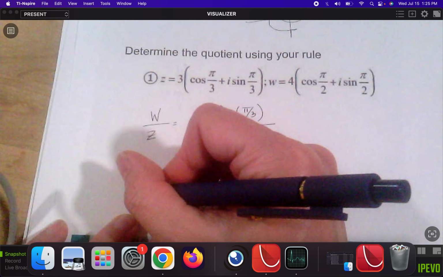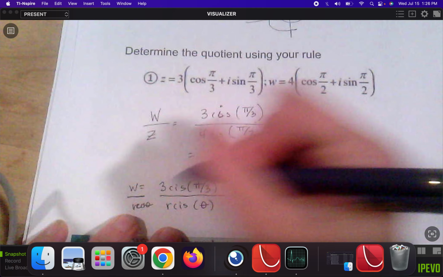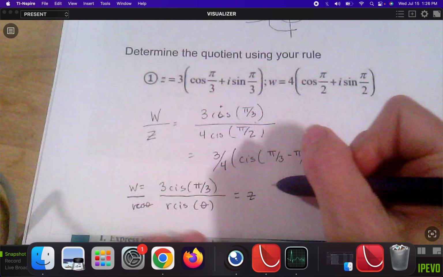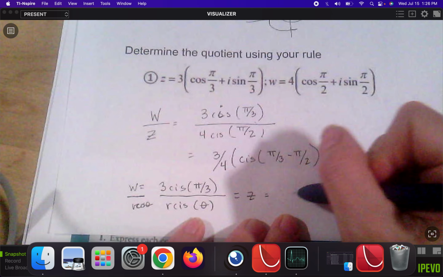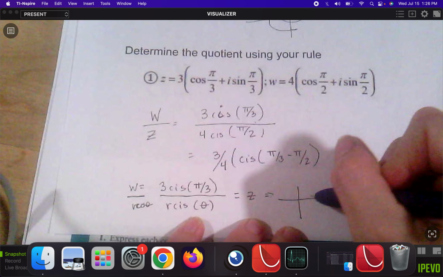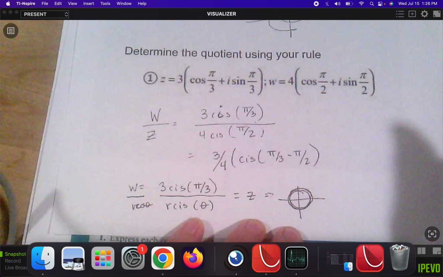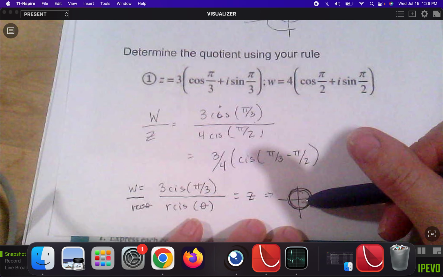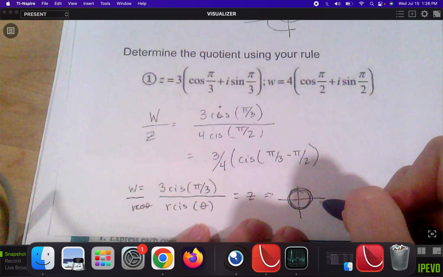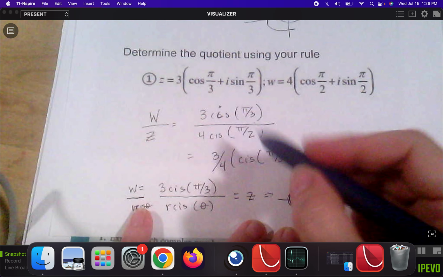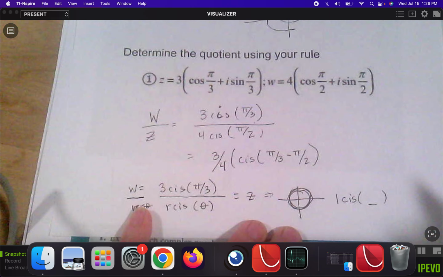So W over r cis theta gives us this new complex number, and it's Z. And Z is also just making a circle. He's not getting bigger, he's not getting smaller. Well, don't trust my drawing. Just say he's not getting bigger, he's not getting smaller. So if he's not getting bigger and not getting smaller, then that means that Z has got to be 1 cis something. We don't even care, right?